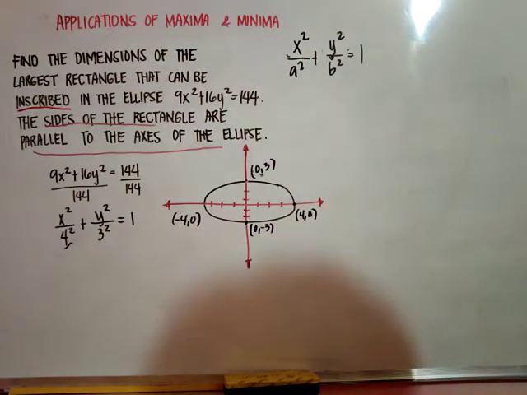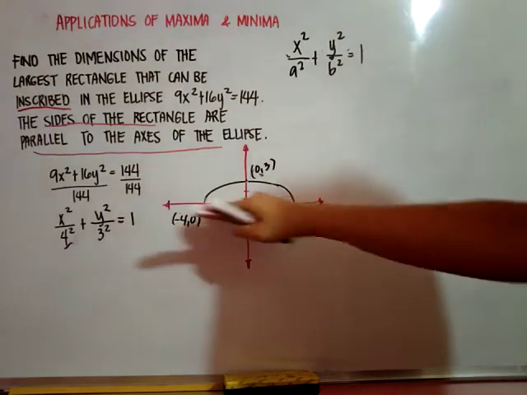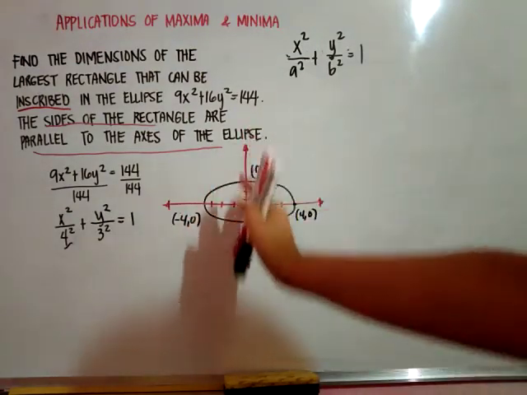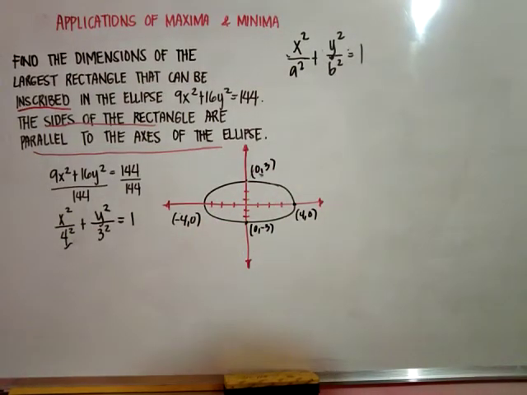So, as I mentioned, the axis of the ellipse is the x-axis, which is the major axis, and the minor axis is the y-axis.